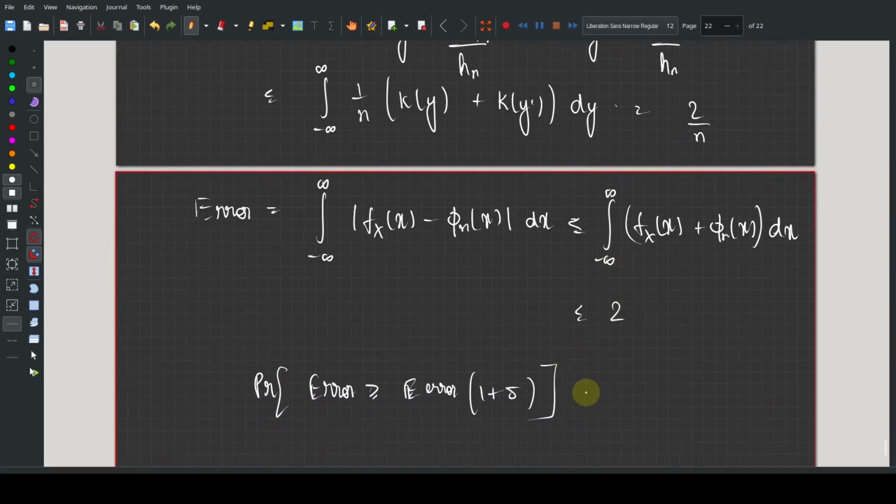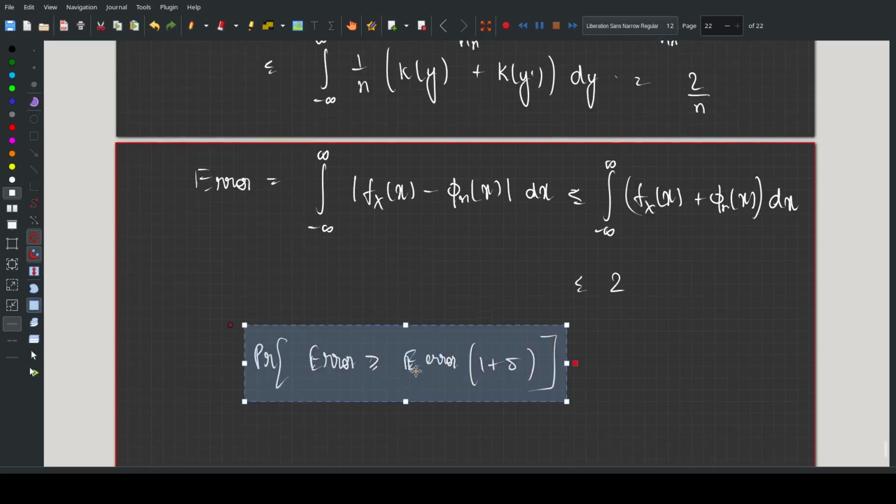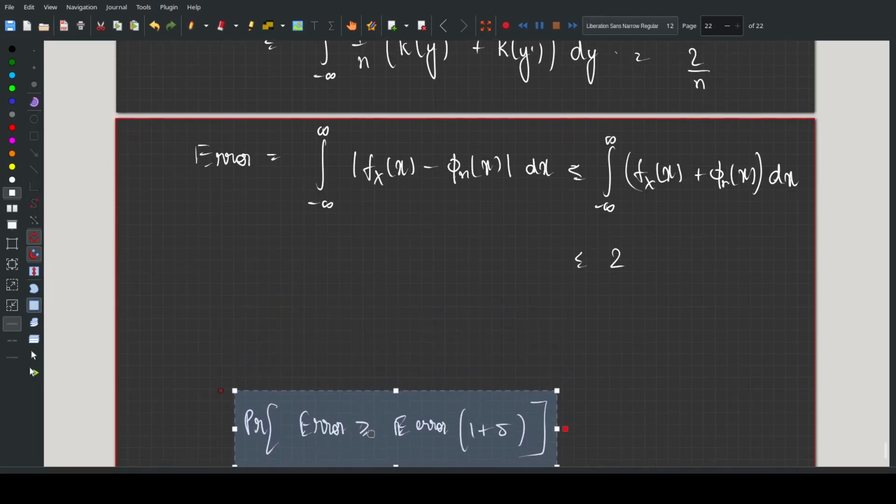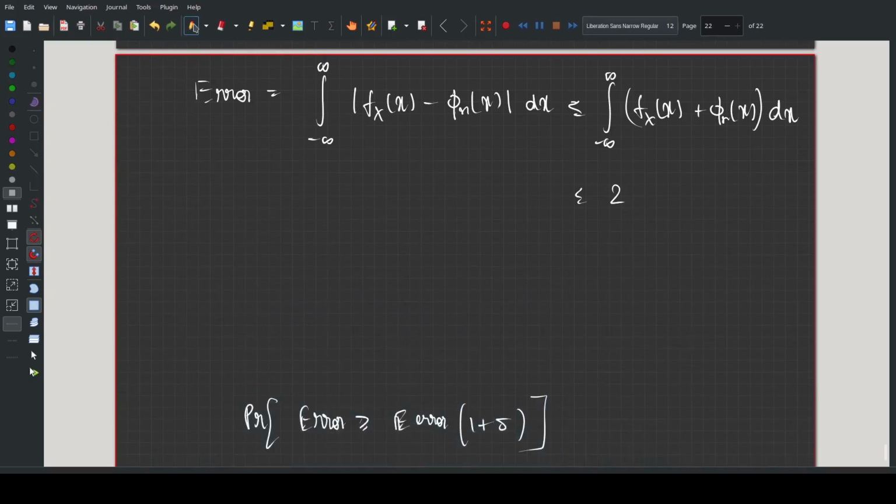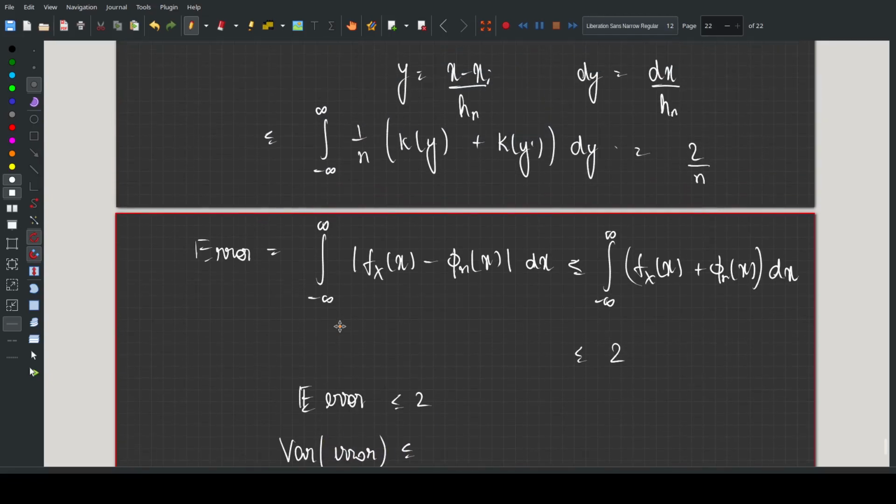What can I say about the variance itself? I know that the expected value of the error is less than or equal to 2, but what can I say about the variance of the error? Using the Efron-Stein inequality, each Ci is 2 by n.